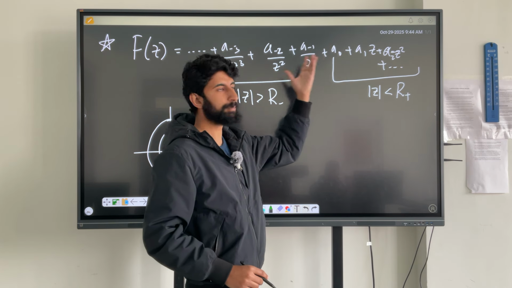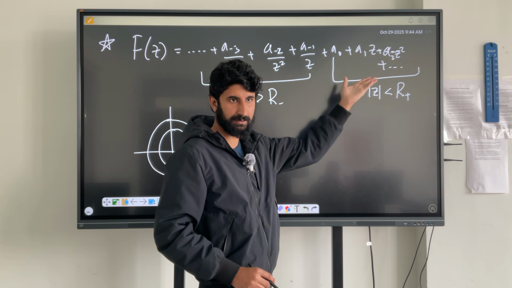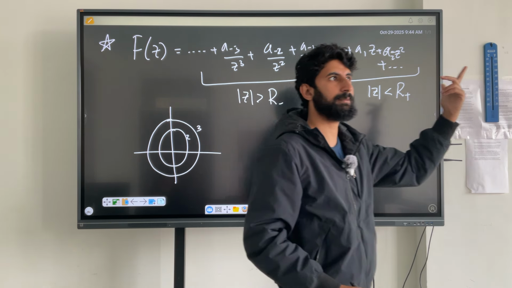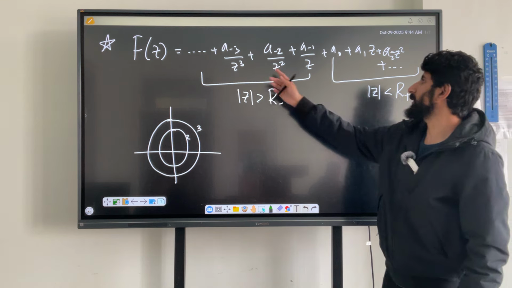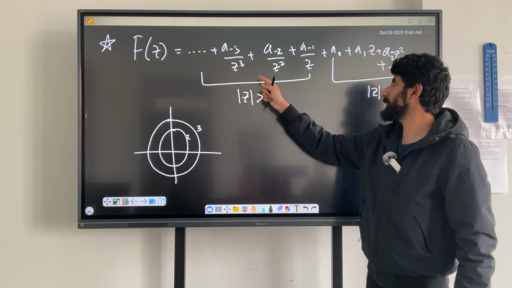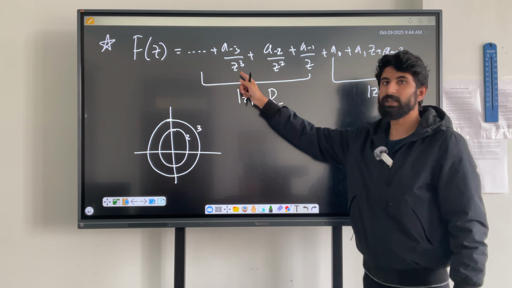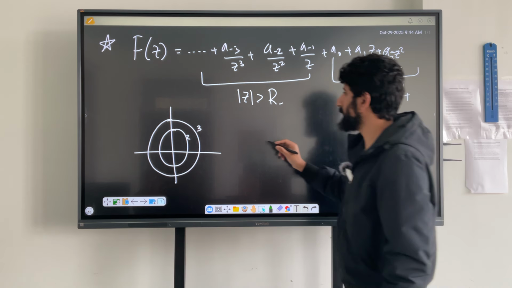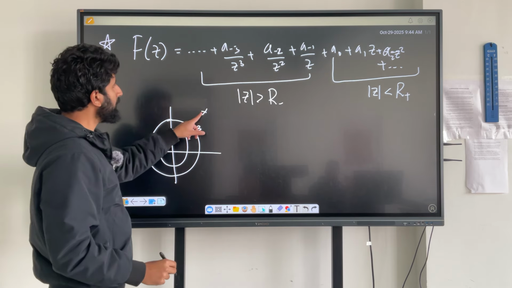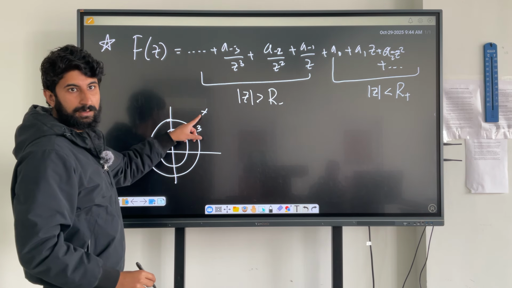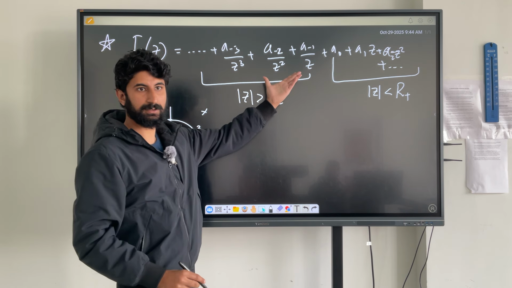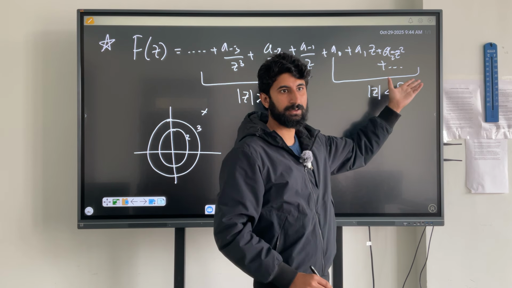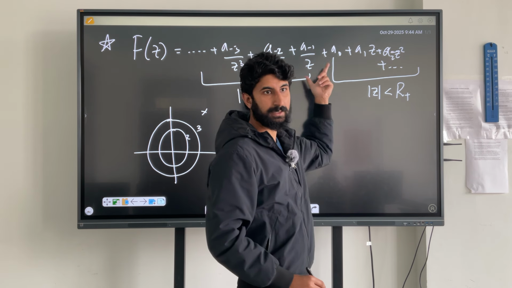If a part doesn't converge, that means the full sum doesn't. If I take a point here, this part converges, but this part doesn't. So the full thing won't converge, because this part is finite and it can't cancel the infinite one.